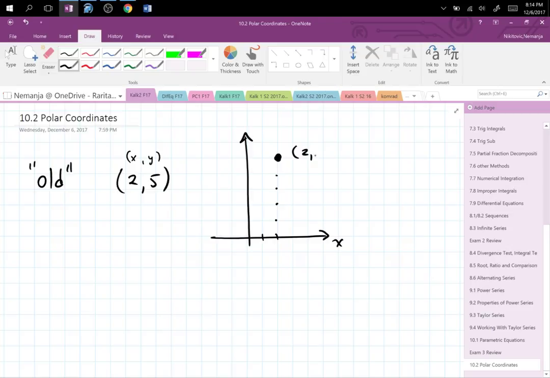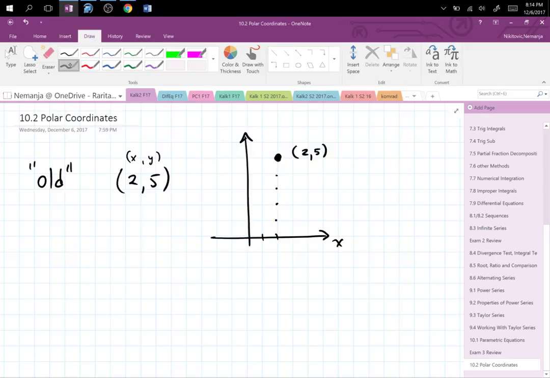And the point would be labeled 2, 5, which is a point in space. So that was the way to obtain the location in the old, what we call Cartesian system, or rectangular coordinates. And you can actually see the rectangle it creates, which is the reason why it's called rectangular coordinates.